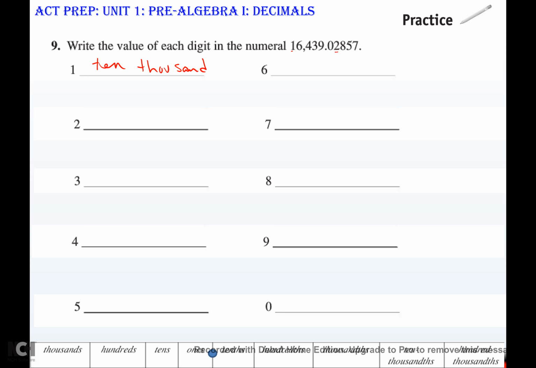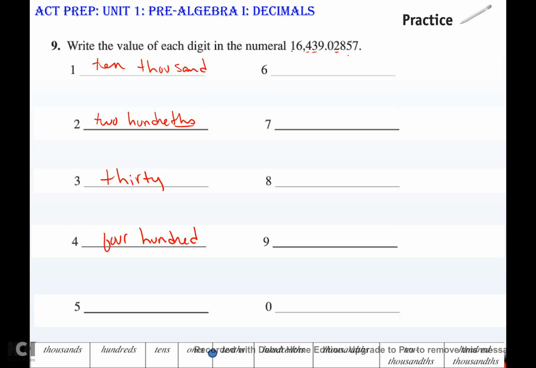The 2 is in the hundredths place, so this would be 2 hundredths, behind the decimal. The 3 is in the tens place, so that would be worth 30. The 4 is in the hundreds place, so that would be worth 400.